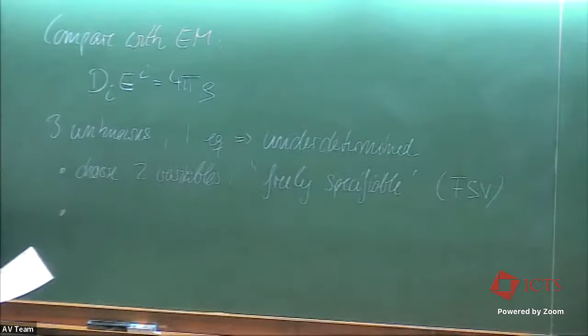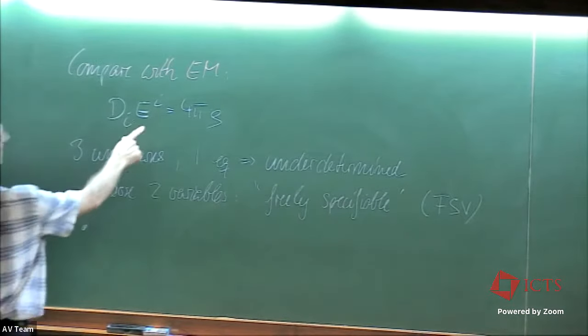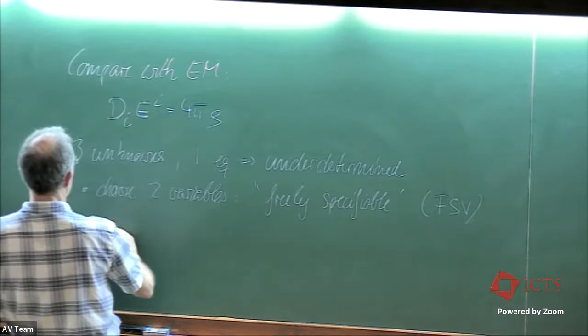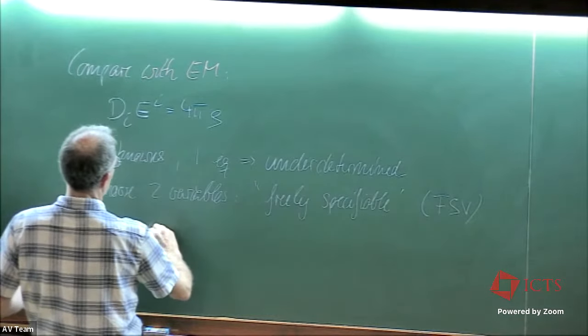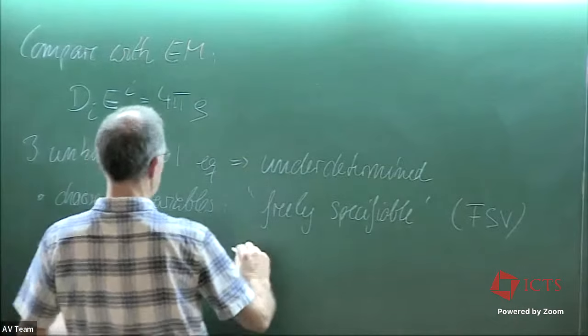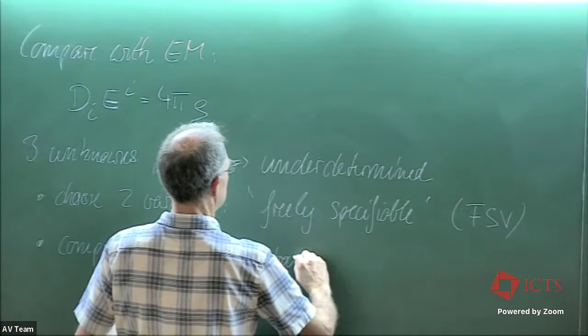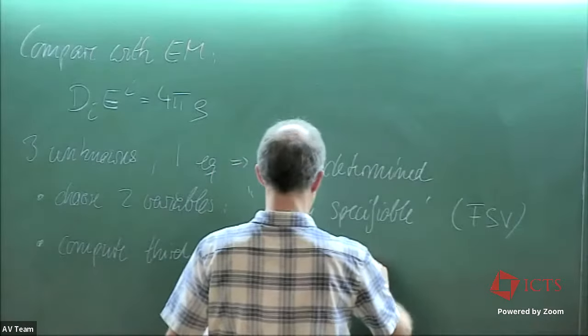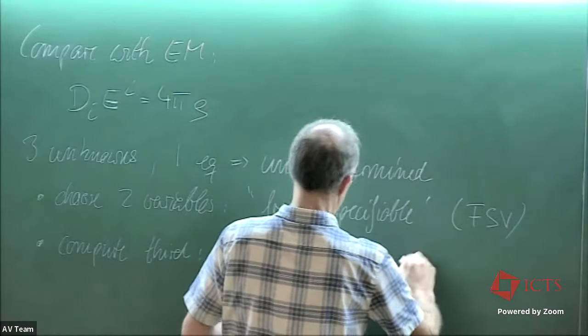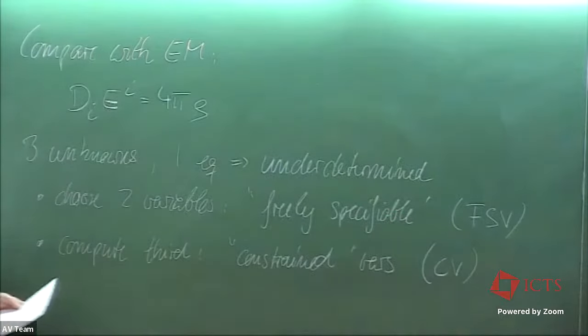And then once we've chosen two of the variables, we can use the constraint to solve for the third. So we then compute the third, and we refer to that variable as the constraint variable, or variables if there's more than one. I'll abbreviate that as CV.